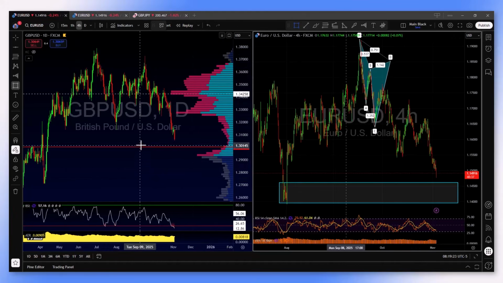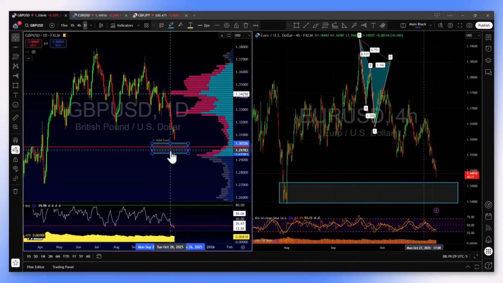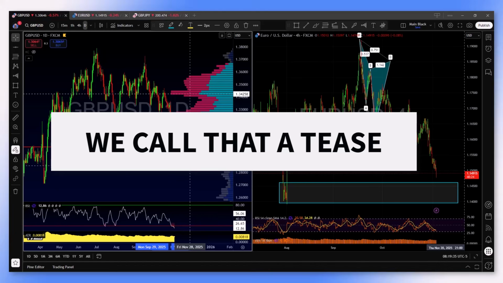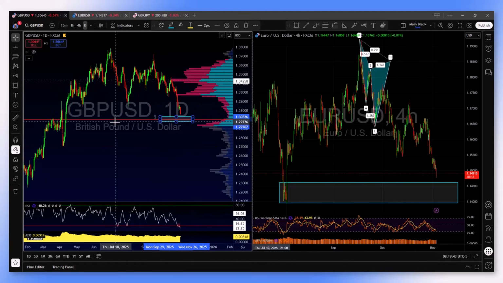So as a structure-based trader, I'm blind in here. There is no reason for me to look for a bullish counter trend trade at this level, unless, and I'll share with you the unless a little bit later, but as of right now with the information we have, does that make sense? There's no level of structure here, no outside level of structure.